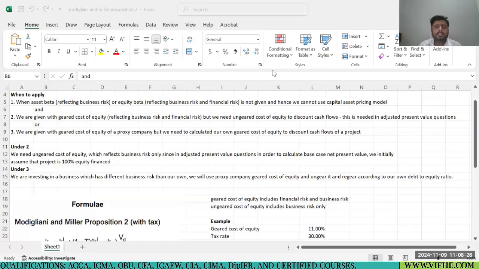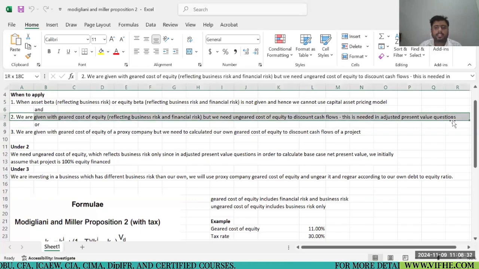We know that in adjusted present value, or APV, questions, our initial assumption is that the project is 100% equity financed. There is no debt, there is no loan, and hence there is no financial risk.